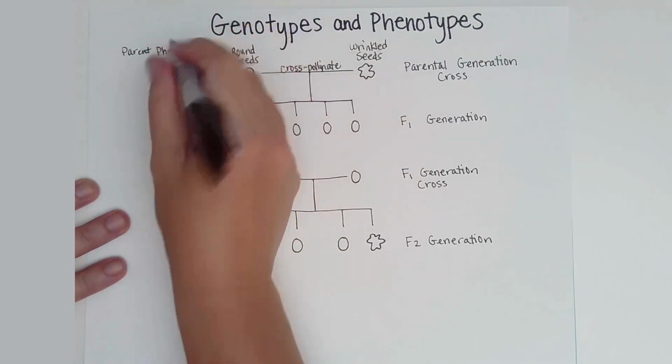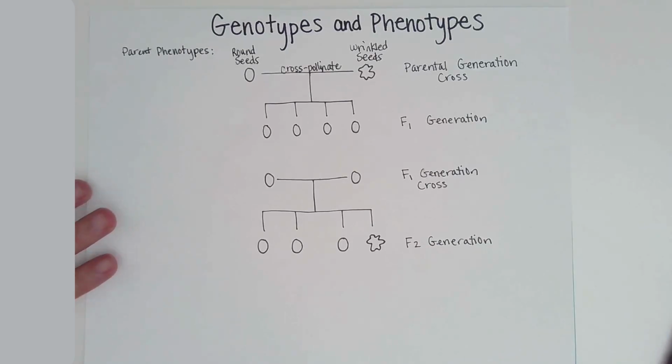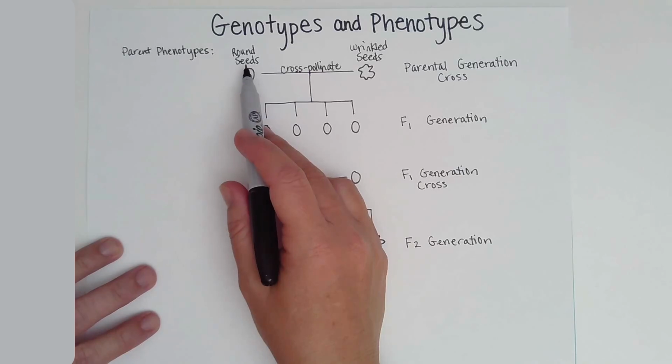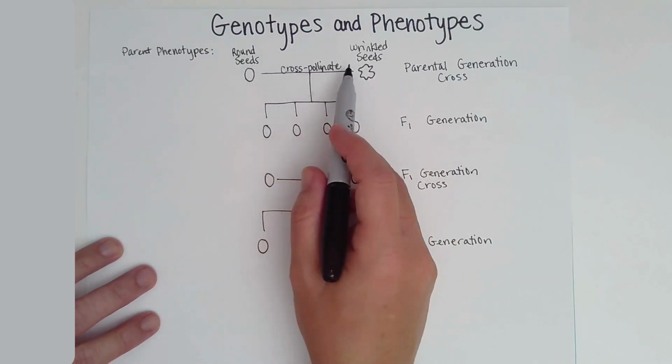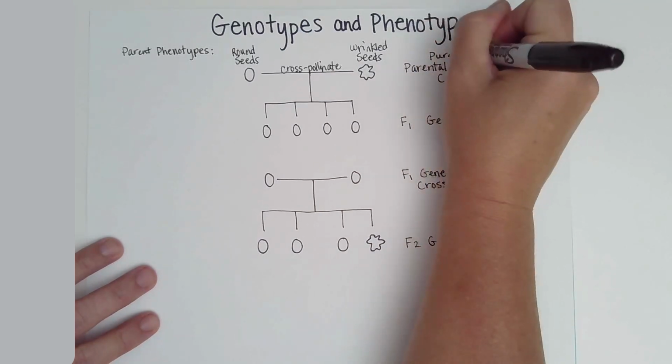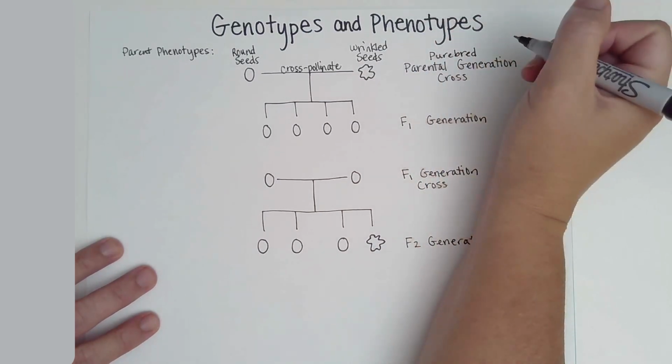We're going to call the round seeds and the wrinkled seeds the phenotype of the parents. So phenotypes are the physical appearance, and these parents were purebred. So we're going to call this a purebred parental generation cross.